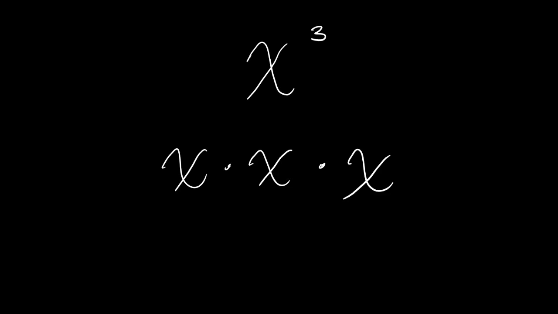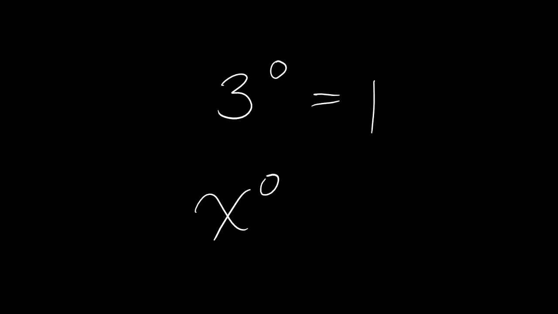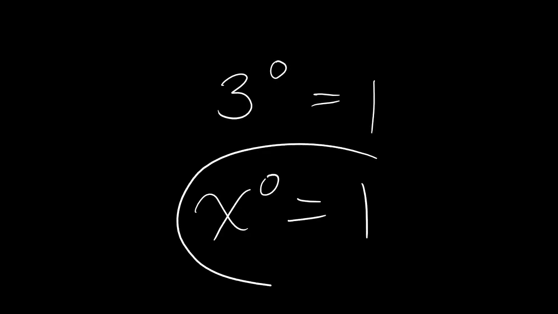Right. Okay, so now we're going to talk a bit about some other nuances with positive exponents. So any number, for example, 3 to the 0th power is equal to 1. So write this in your notebooks. X to the 0th is 1.